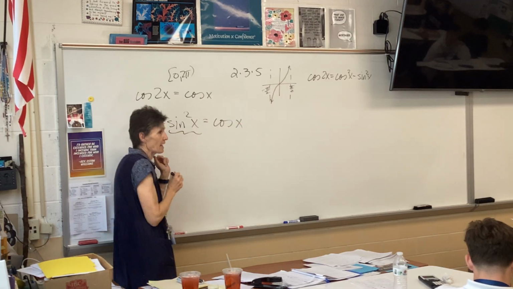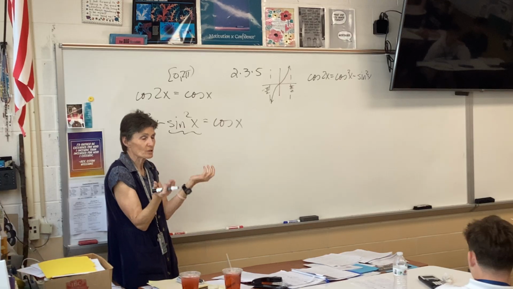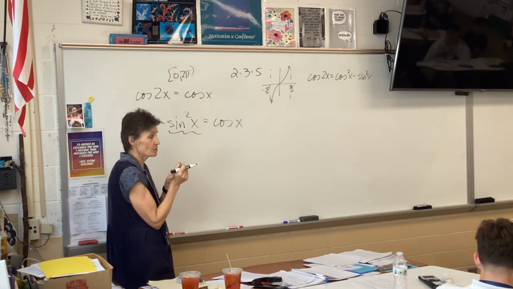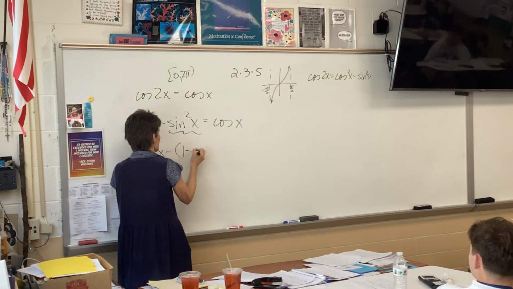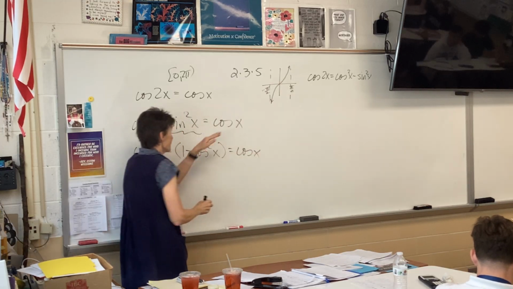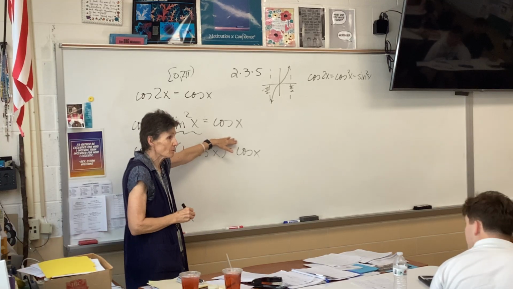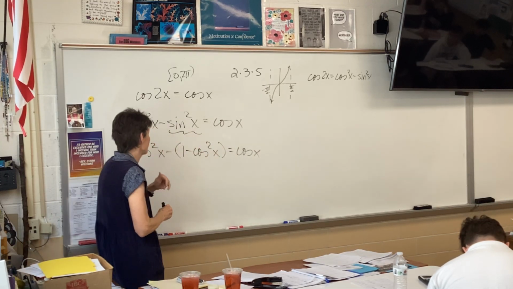This isn't too good to have that in there. But what do we know about sine squared? We just talked about it. Sine squared is 1 minus cosine squared. So I'm going to go ahead and change that into 1 minus cosine squared, because there's a cosine in this problem. And I would prefer to have just one thing in the problem, all cosines.